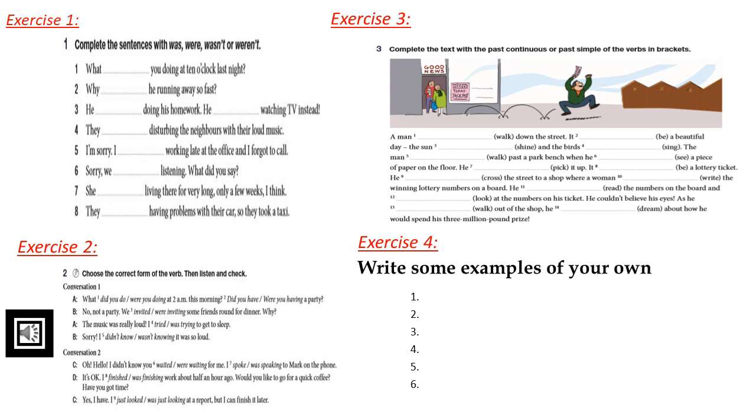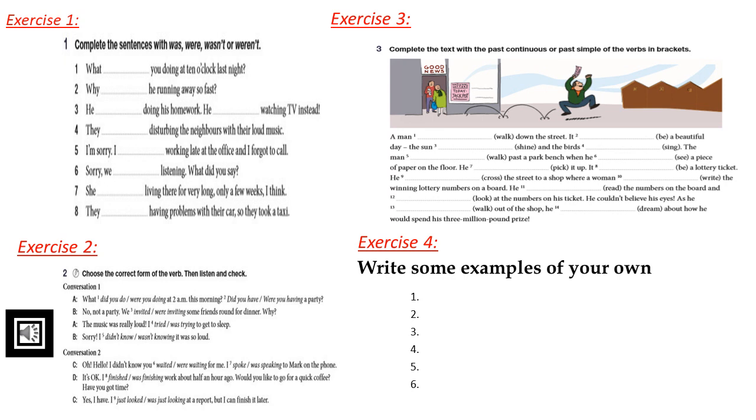Exercise 2. Conversation 1. What were you doing at 2 a.m. this morning? Were you having a party? No, not a party. We invited some friends round for dinner. Why? The music was really loud. I was trying to get to sleep. Sorry, I didn't know it was so loud.